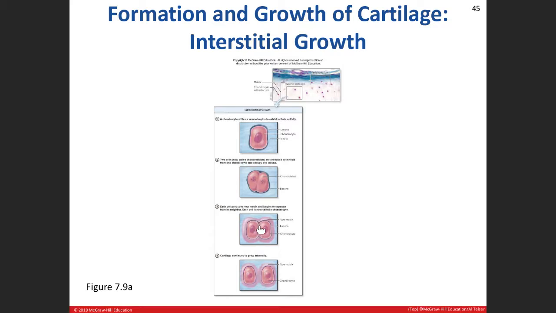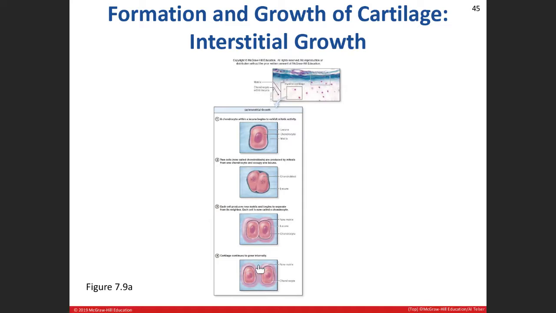It keeps pushing and keeps producing that cartilage matrix until they've separated themselves and have their own lacuna. Now we have two cells where we used to have one. They pushed each other away and produced all this new matrix around them.